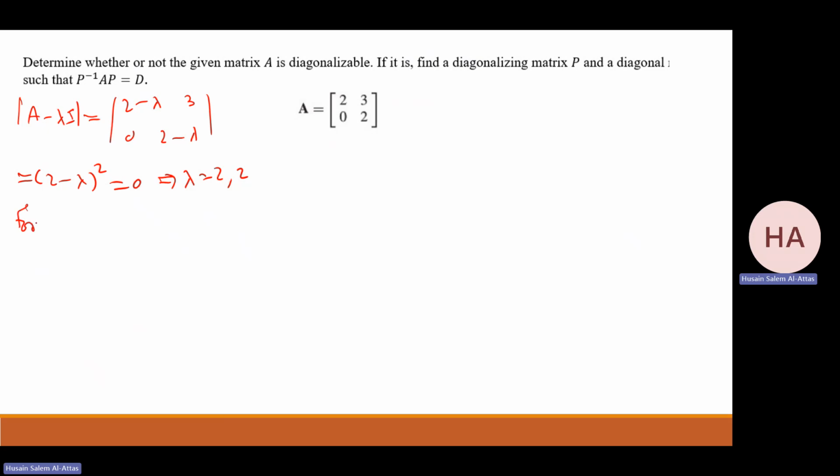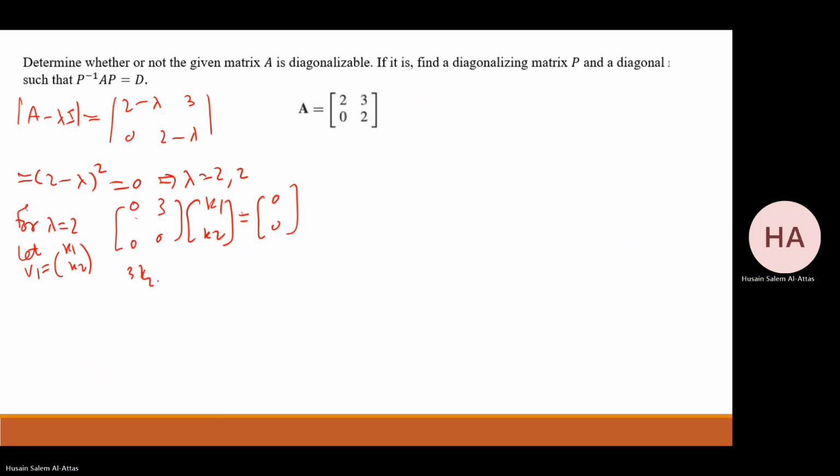So now we'll check for lambda equal to 2. Let V1 be K1, K2. That will be 0, 3, 0, 0 times K1, K2 equals 0, 0. So I have 3K2 equals 0 and 0 equals 0. So I have K2 equals 0. So I have only one free variable, which is K1 only.